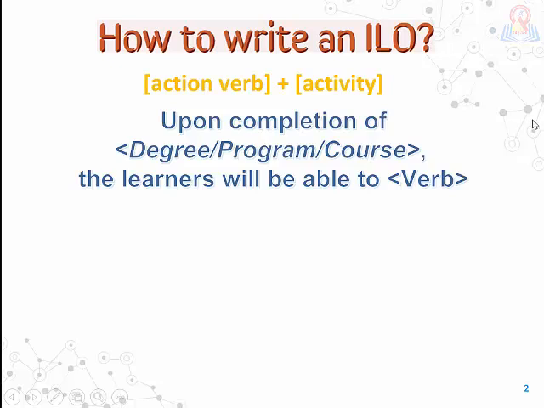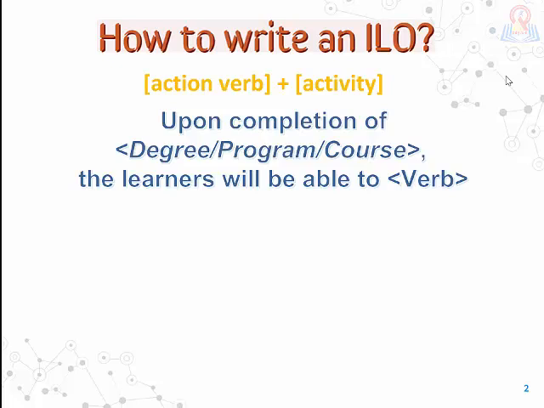Upon completion of a degree, means BA or BSc or MA, like that. Or program, means MSc Physics, BSc Botany, MA English, like that. Course means a subject or a paper in the particular program. So we have to write three different ILOs.